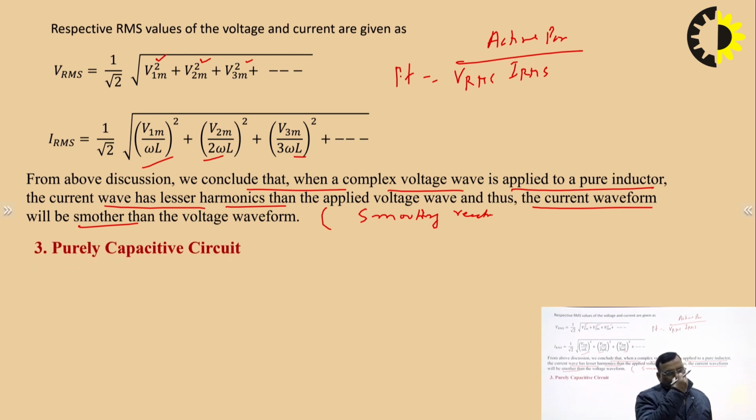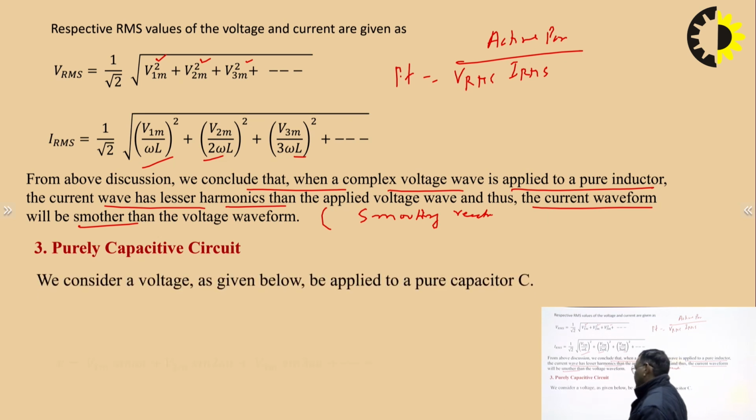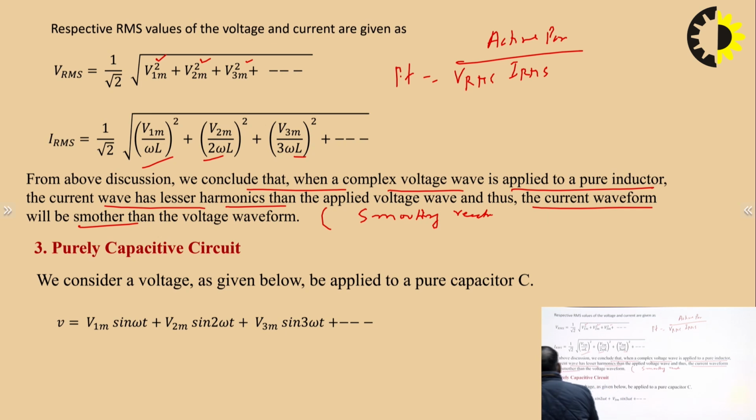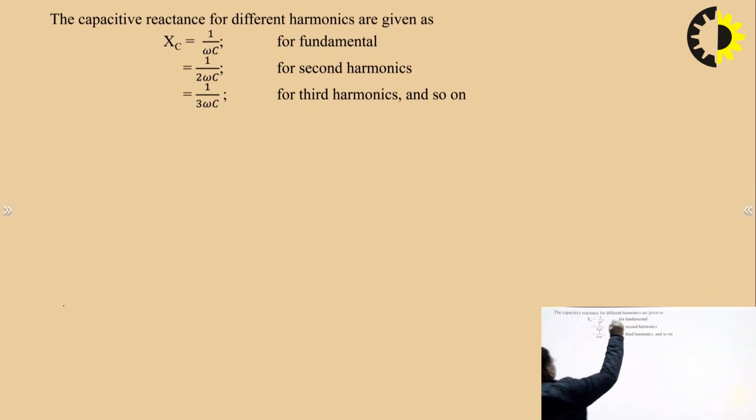Now take another case when your circuit is purely capacitive. Okay, take the same voltage waveform applied to a purely capacitive circuit. So this X is 1 by j omega C. This is for the fundamental component.